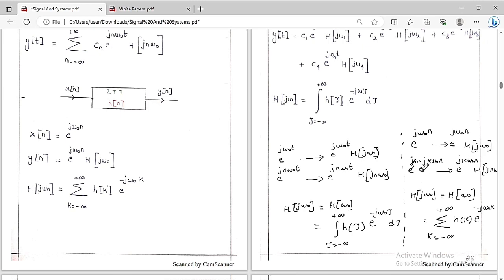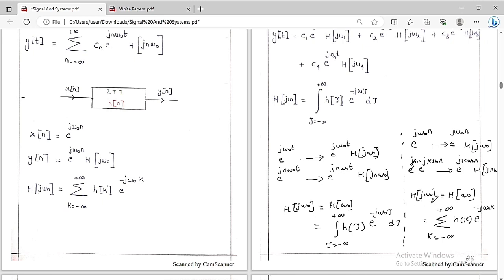If the input is e to the power of j k omega naught n, the output is e to the power of j k omega naught n into H of j k omega naught, or H of k omega naught. You can write it either way. Then what is the Fourier transform of the impulse response in the discrete time domain?